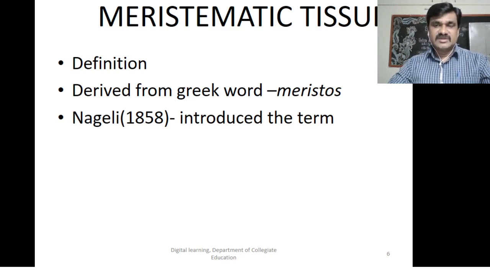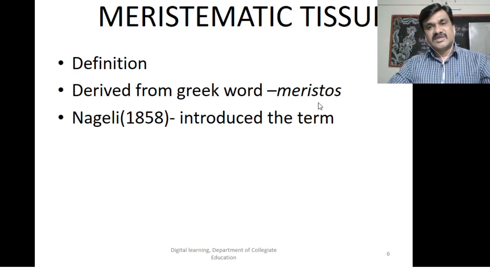And all the cells have the capacity of division. So all the cells are undergoing active cell division. So finally, we can say meristem is a group of young and undifferentiated cells possessing the property of active cell division.